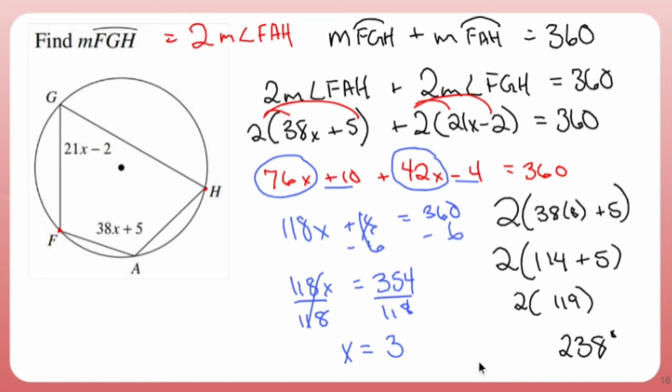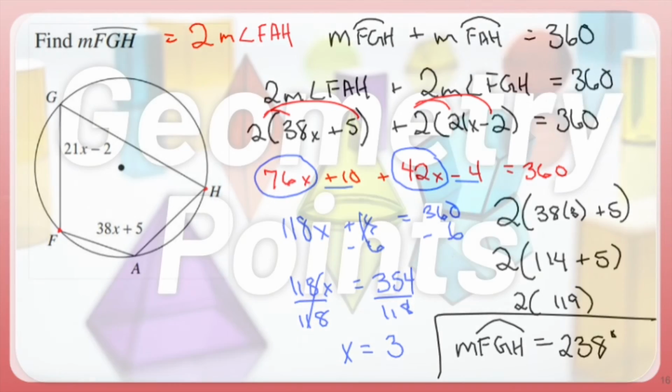So the measure of arc FGH is 238 degrees. Inscribed angles are usually pretty pleasant. This problem, not so much.